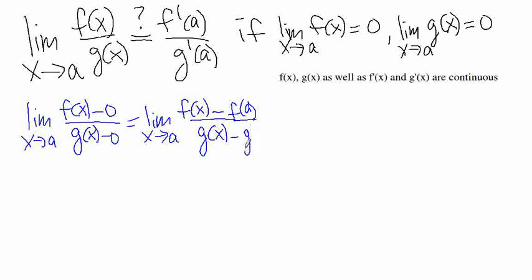Because remember what it means for a function to be continuous. That means, let's say it's continuous at x equal to a, that the limit as x approaches a is equal to the function value at a. So the original assumption of the two functions having limits equal to 0, also now because they're continuous, that's equal to f of a, and then the other one g of a.